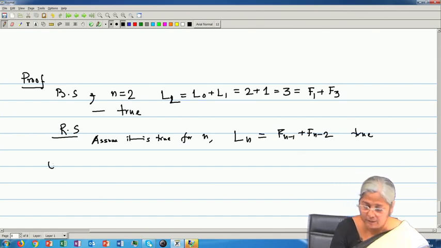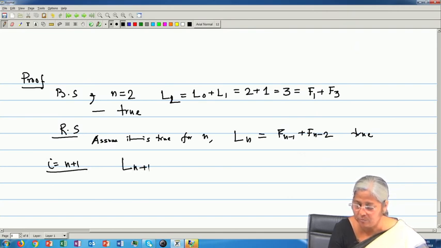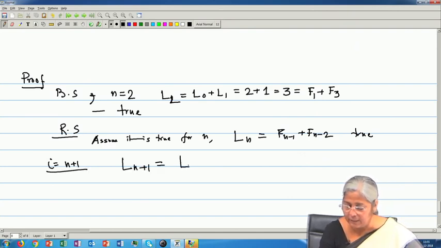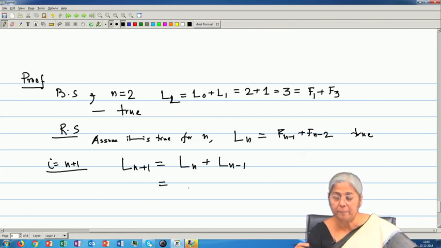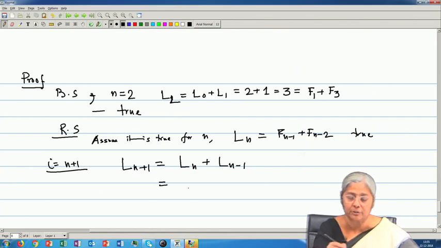So, for i equal to n plus 1, what I can show, L n plus 1 is L n plus L n minus 1. Now, I can apply the strong form of mathematical induction.